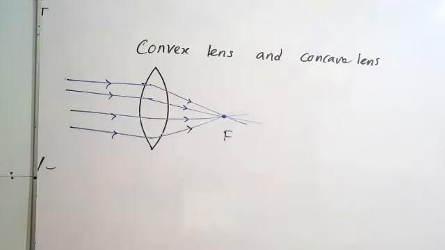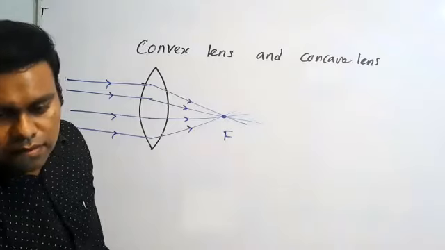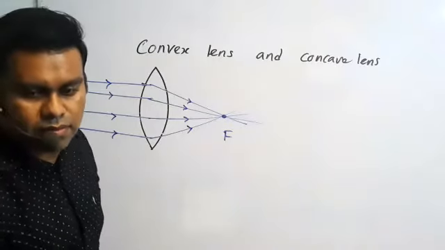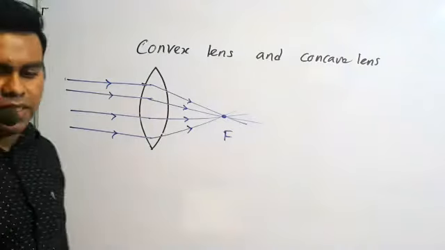First one, convex lens. The other one, concave lens. One is convex, while the other one is concave lens.